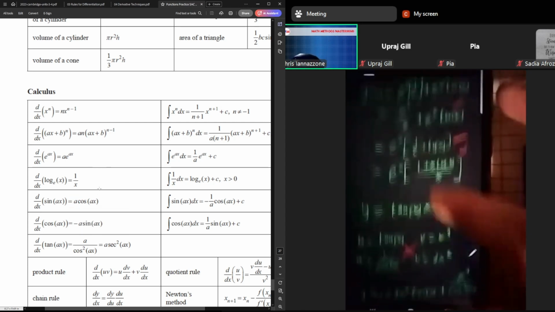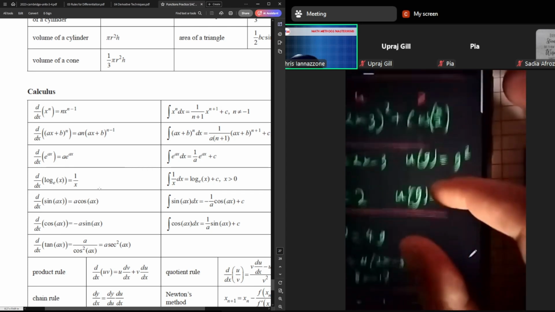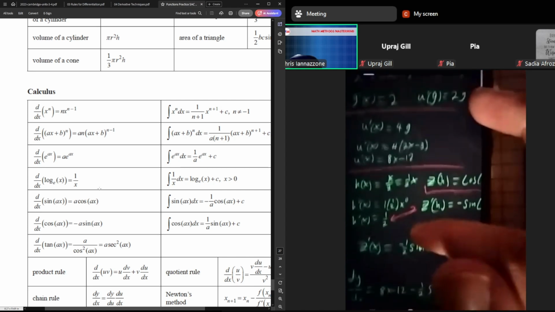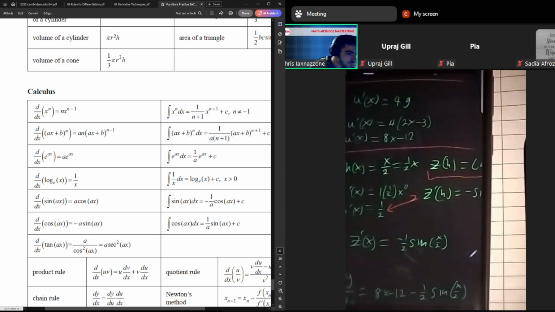If I scroll back and find a time where we did a chain rule for, let's say, cos x on 2, if we look at z dash, for example, we had cos x on 2. The formula sheet says that cos goes to negative sine, so that's happened.